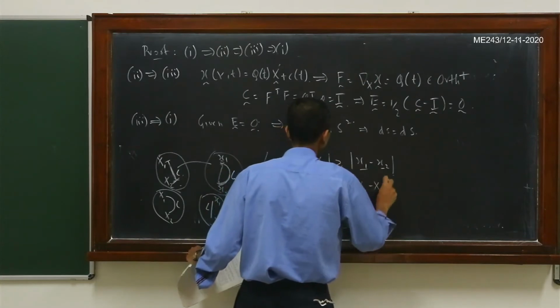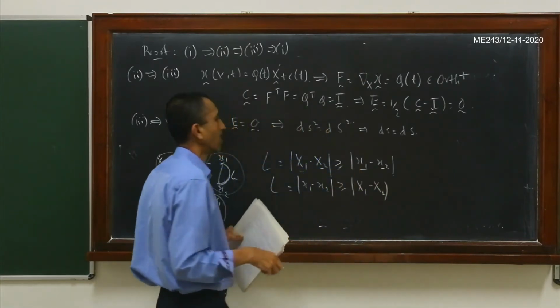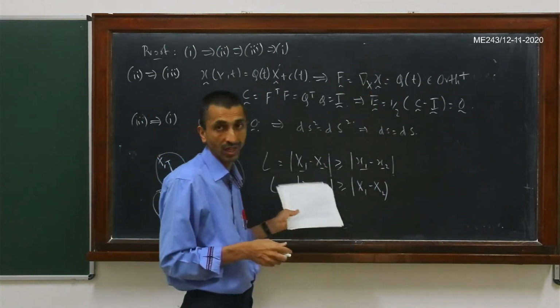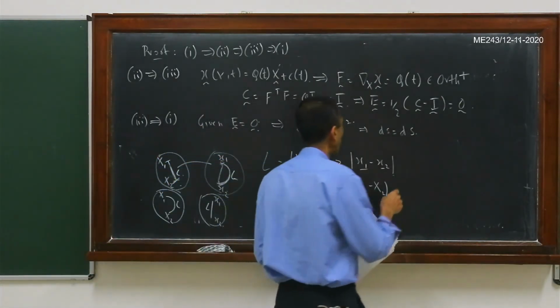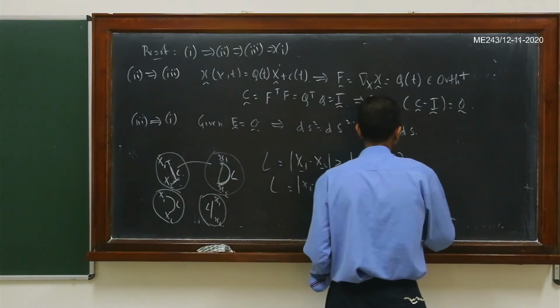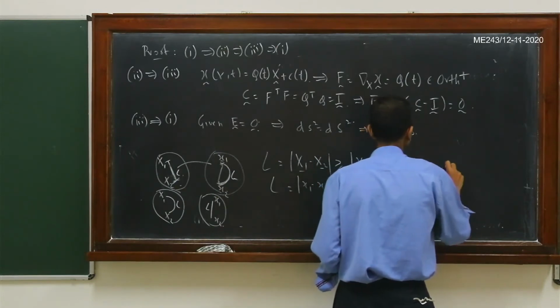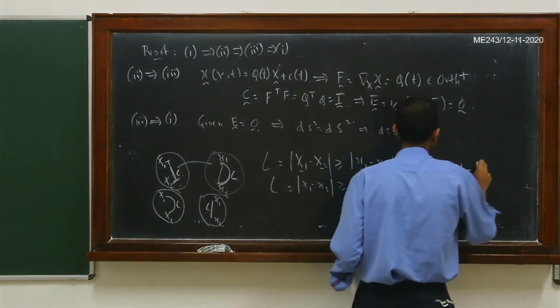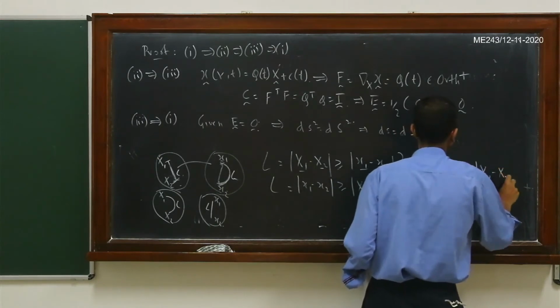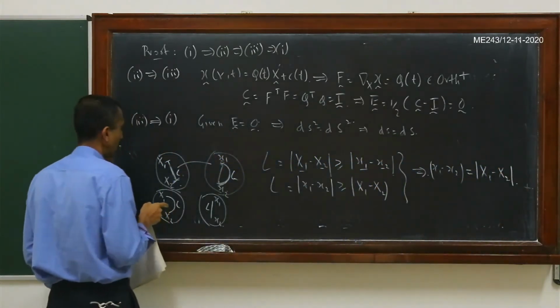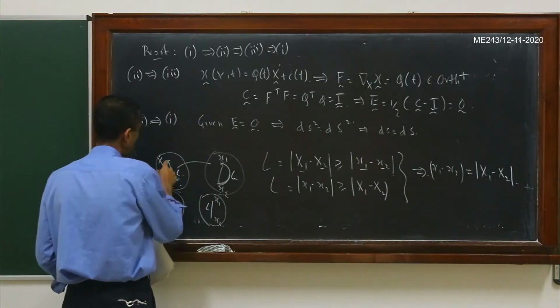Right? And so both these inequalities cannot be true simultaneously if they are strict inequalities. So the implication of this is that your |x1 minus x2| is equal to |x1 minus x2|. Right? So here actually, these x1 and x2, they are the same points.